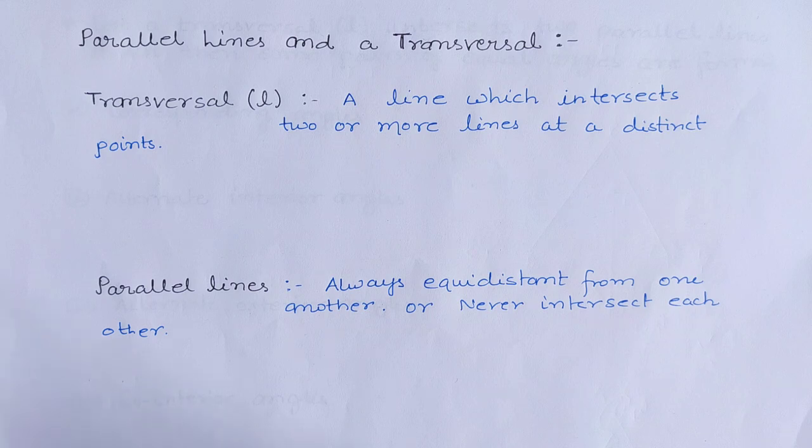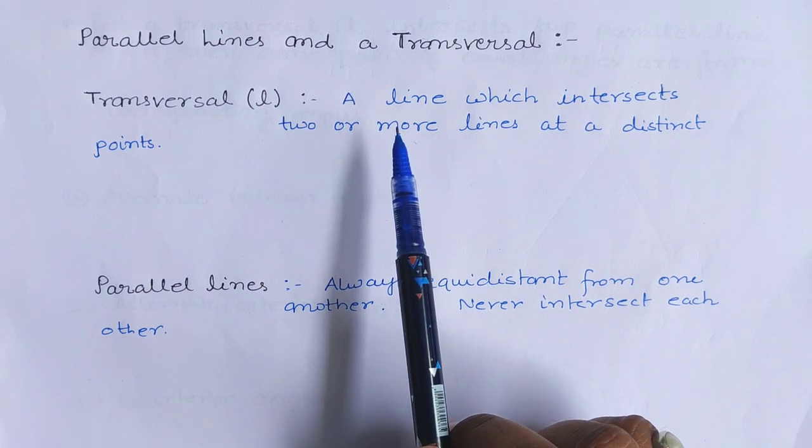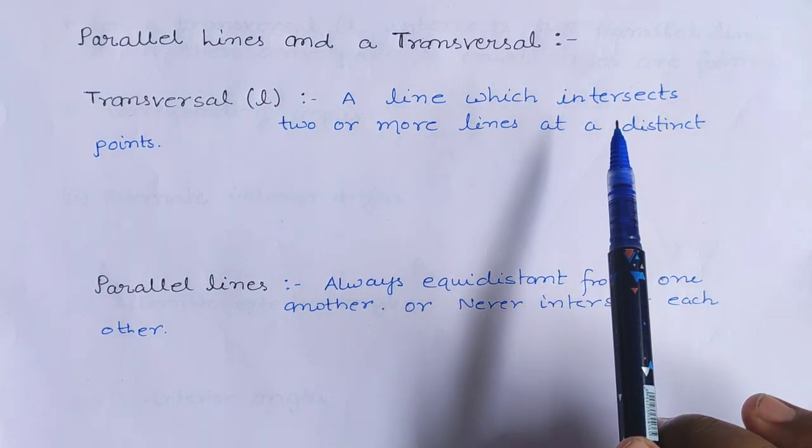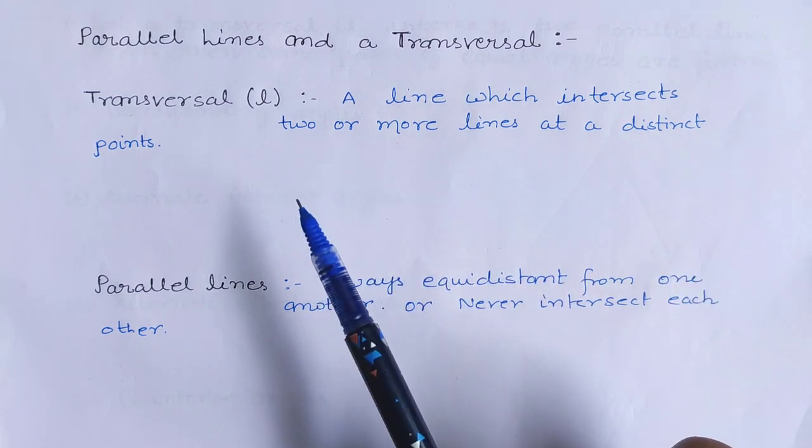So how will we define a transversal? See, a line which intersects two or more lines at distinct points.